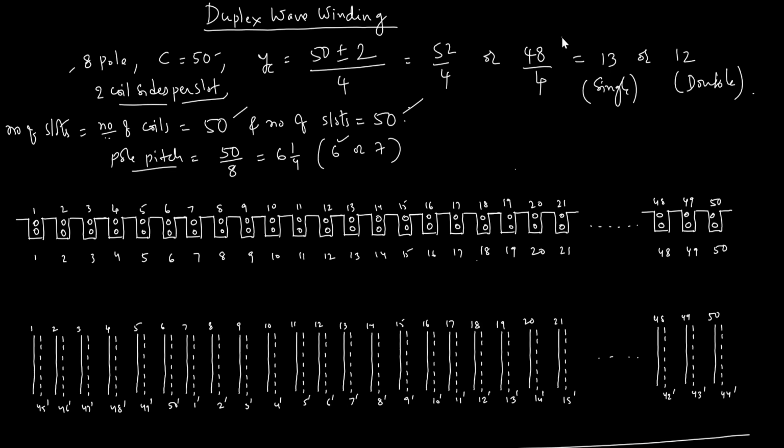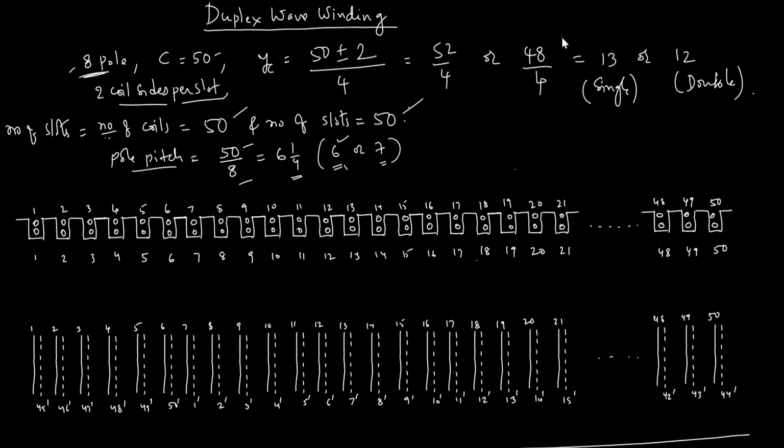Pole pitch is 50 slots divided by 8 poles. This is an 8 pole machine, so we will be having 6 1/4. So we can take it as 6 pole pitch or coil span as 6 or 7.